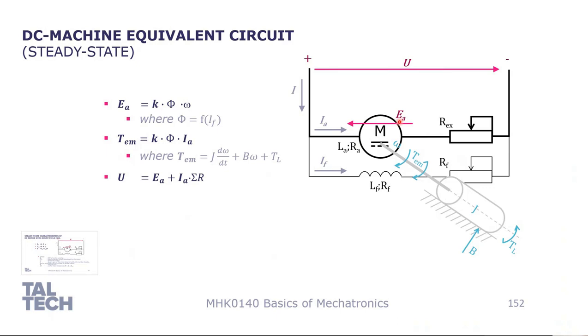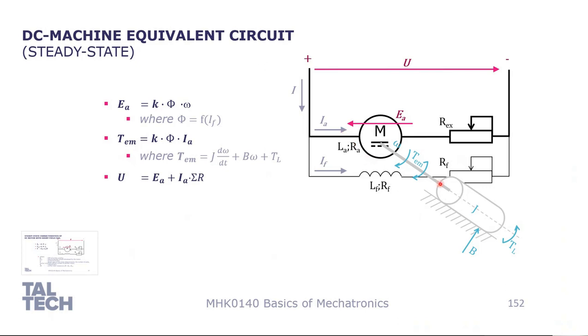This loads the machine. And when we are talking about a real electrical machine, we need to have in mind that even in no load mode, if we have no additional load, we will get some forces, some currents in that machine.